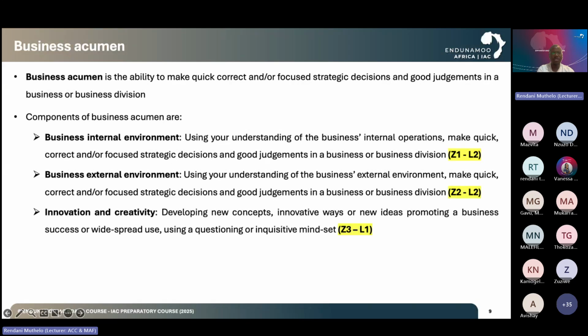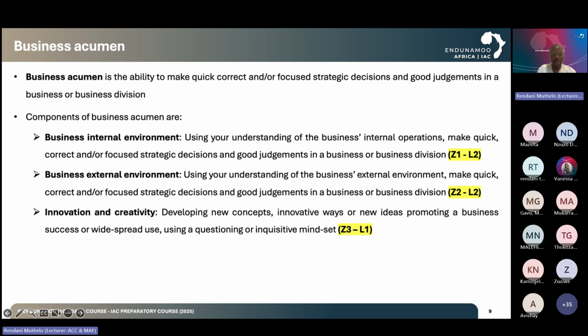They gave us some guidance: when we talk about internal, we are talking about the internal business operations that affect our decision-making processes.